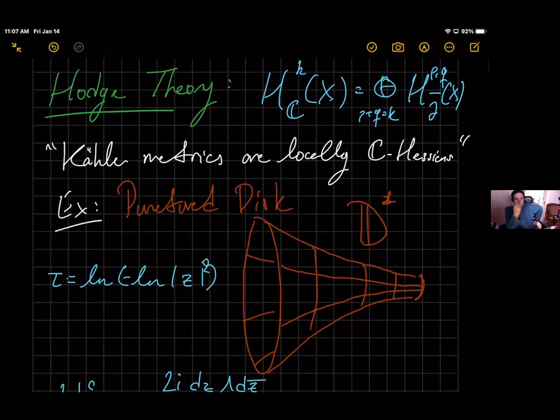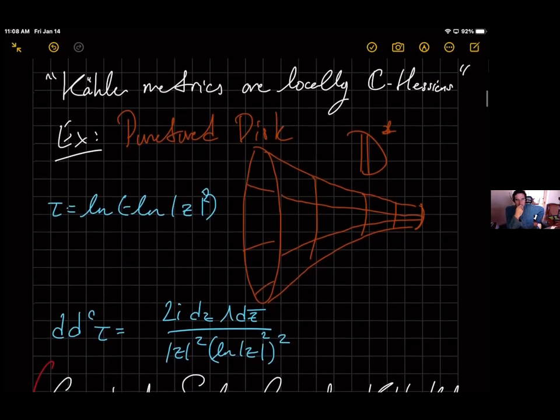So this decomposition on the differential forms actually extends to the cohomology in the compact Kähler case, so that the kth de Rham cohomology with complex coefficients splits into these (p,q) cohomologies. And in particular, this happens for harmonic forms as well. So a harmonic k-form will split into a sum of harmonic (p,q)-forms.